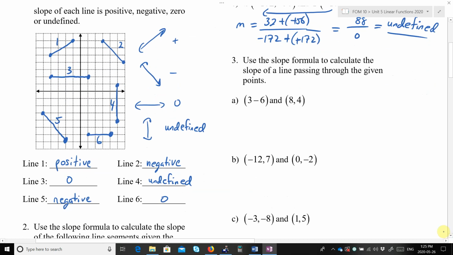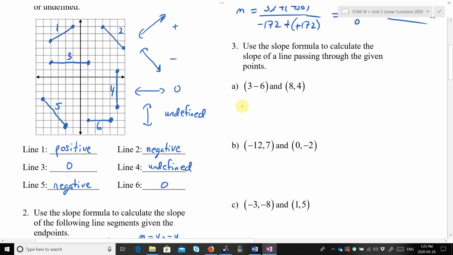Number 3 says use the slope formula to calculate the slope of a line passing through the given points. So we'll do the same thing. Slope is equal to y2 minus y1 over x2 minus x1. Add the opposite, so we're going to get 10 over 5, which is a slope of 2. 2 over 1.